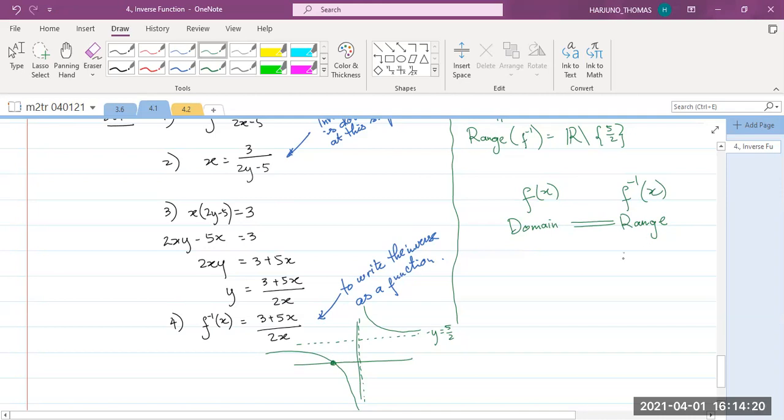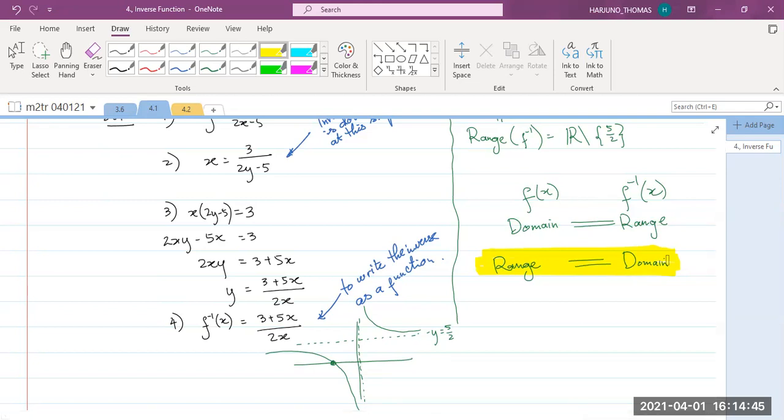The domain of the inverse is actually equal to the range of the function. This last summary is important, because if I ever ask you what is the range of a function, one way to do it is to find the domain of the inverse.